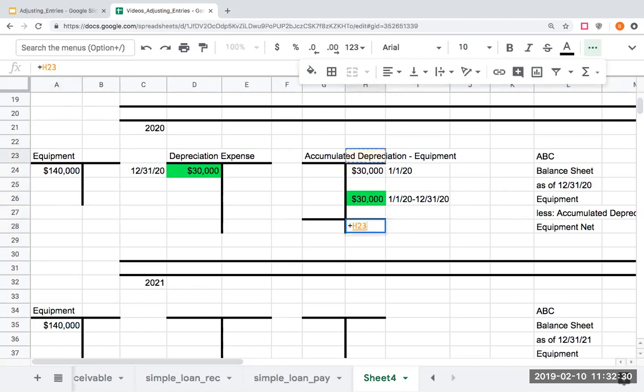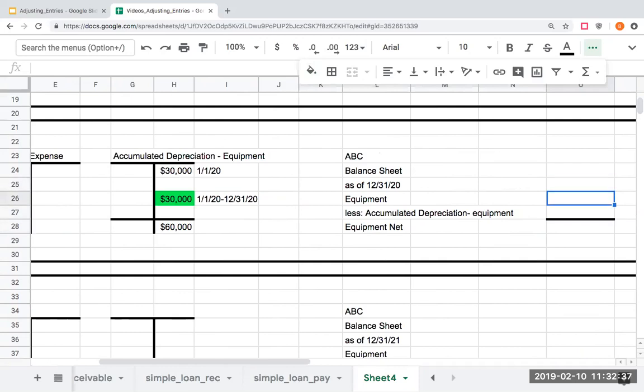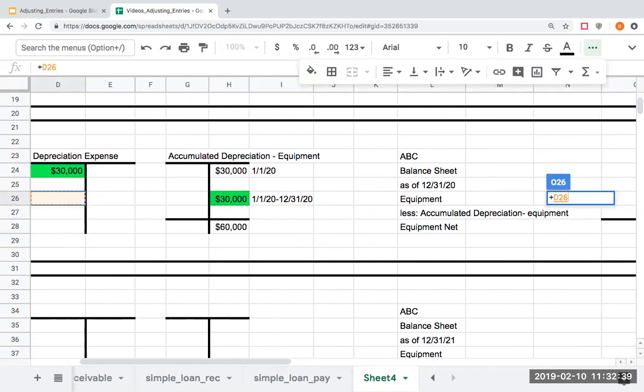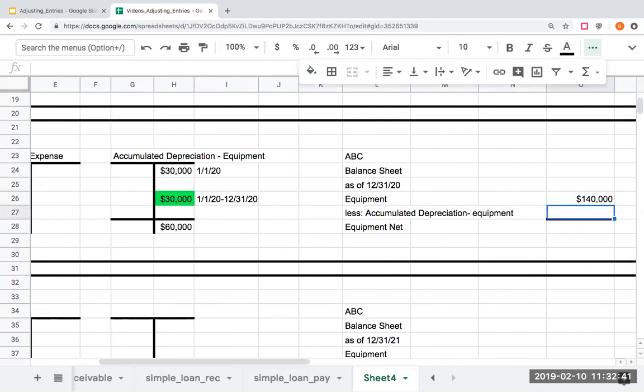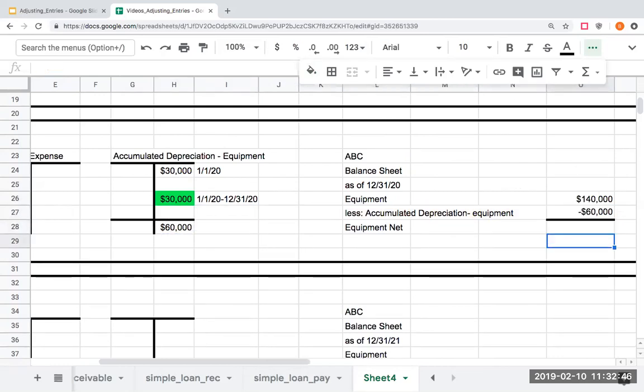However, our accumulated depreciation ending balance is now $60,000. So with my equipment having a value of $140,000, less my accumulated depreciation of $60,000, gives me equipment net of $80,000.